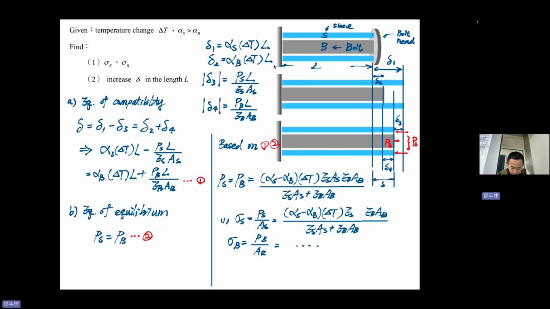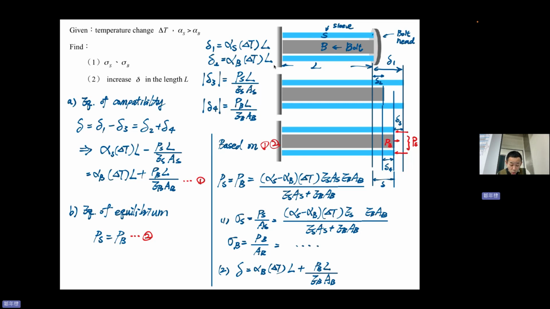And the second problem is to find the increase delta in the length. Delta equal to alpha B delta T L plus PBL over EBAB.